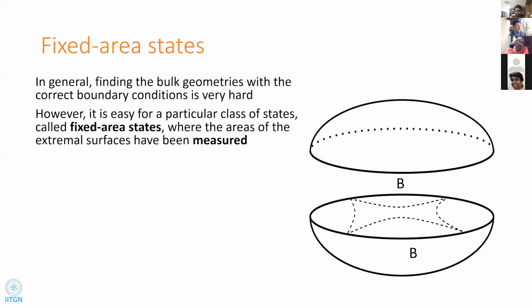But doing that gives you the naive QES prescription. So to avoid getting the naive QES prescription, we clearly need to be more careful and not drop all the extra saddles. But I have no idea how to do that calculation except in fixed area states.